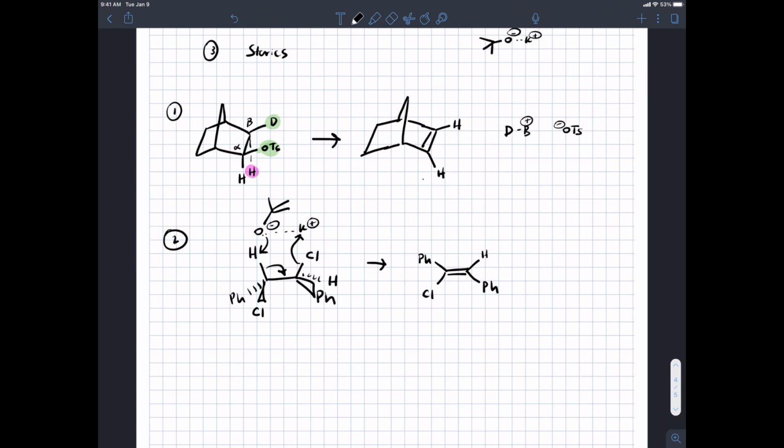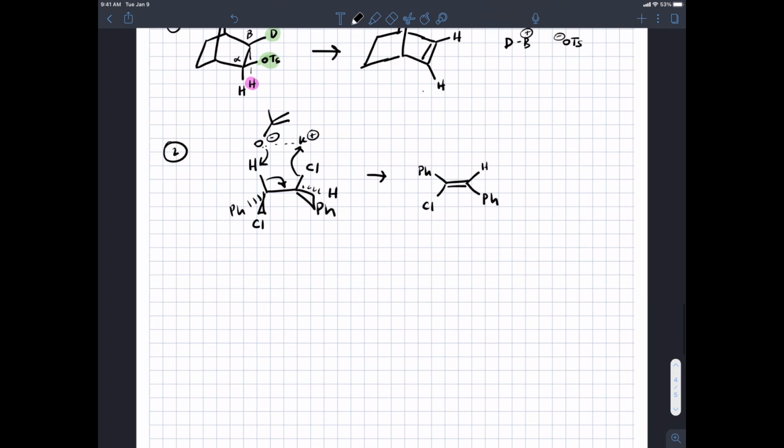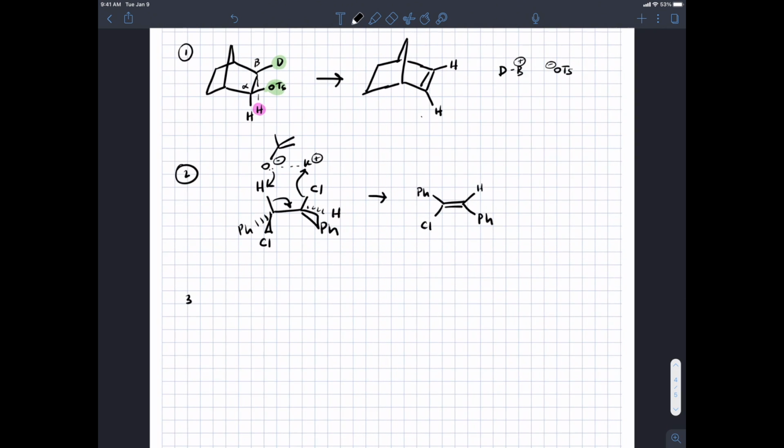And the last example is a fairly esoteric one. There's not a lot of cases where you might observe this. Let's imagine a Newman projection where your beta carbon looks like this, and then in the back is your alpha carbon with the leaving group.